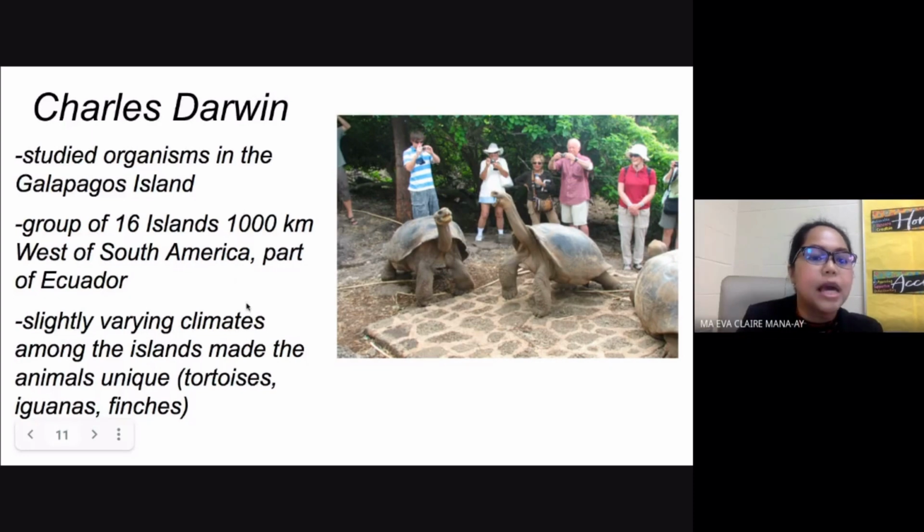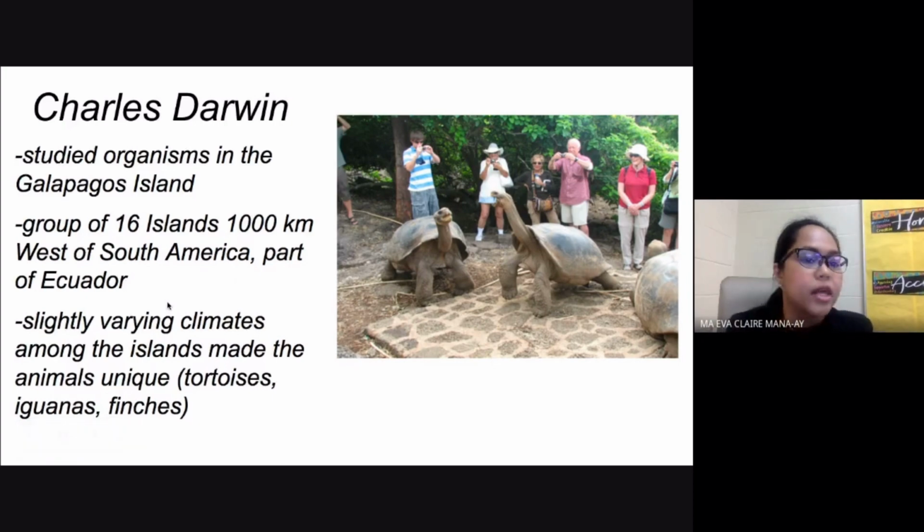But climate is a long-term condition of your environment. It can include temperature, the amount of rain, humidity, and wind in a certain group of land. So Charles Darwin stated that the Galapagos is made of 16 islands, but all of these islands have different types of climates.